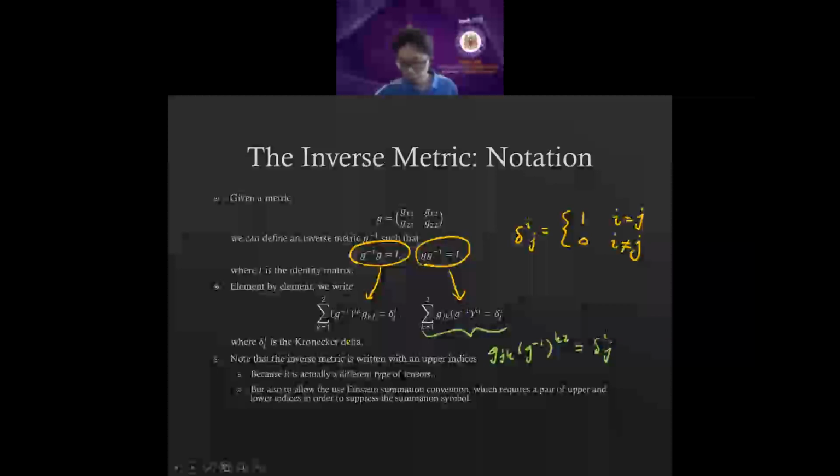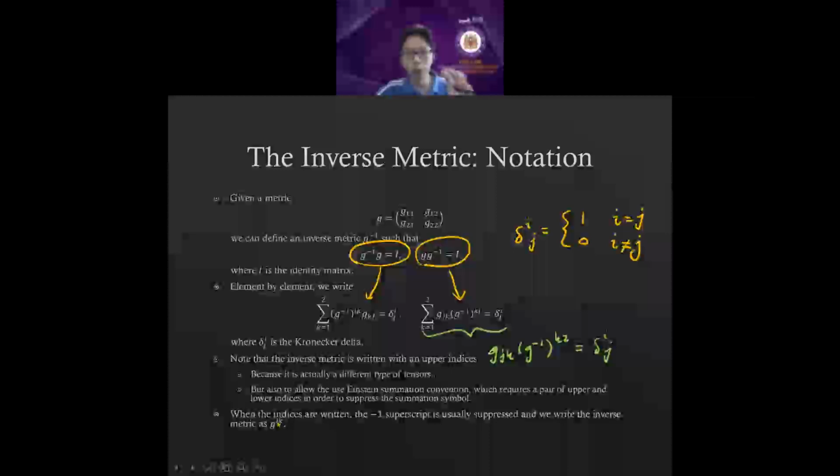Now, because the inverse metric will always have upper indices, usually you would find that literature would just further suppress this -1. So instead of writing it in this way for the inverse metric, we're just going to write the inverse metric as g^{ik}, for example.